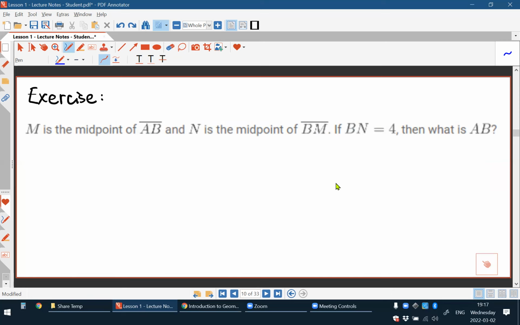Okay, you can try to work this on a scratch paper. Okay, let me know if you solve this, okay?